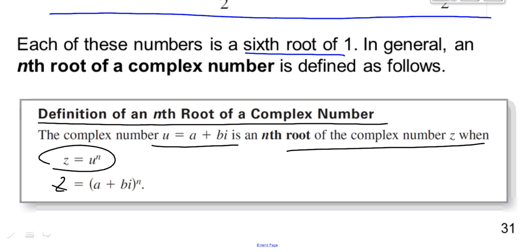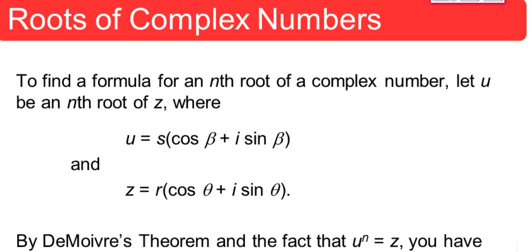We know that we've been able to change that into trigonometric form, so we'll go through the process here. That gives us the definition, and we'll have a way of figuring this out as we go.